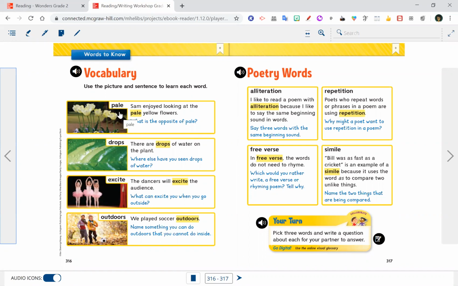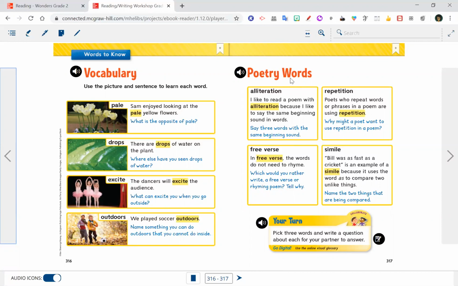All right, I'm going to listen to you as you say them. What's this word? Good. This one, and this one, and this one. Good reading. Now we're going to go to our next 4 words, which are poetry words.